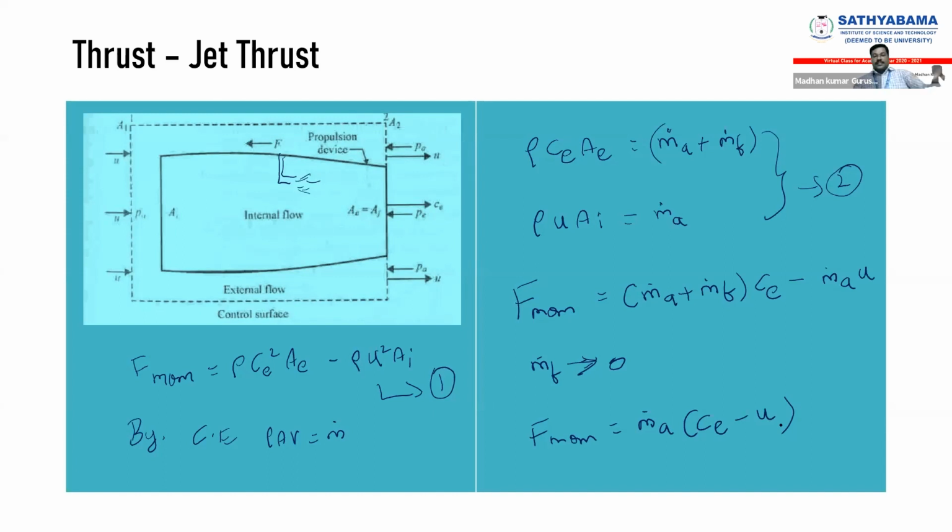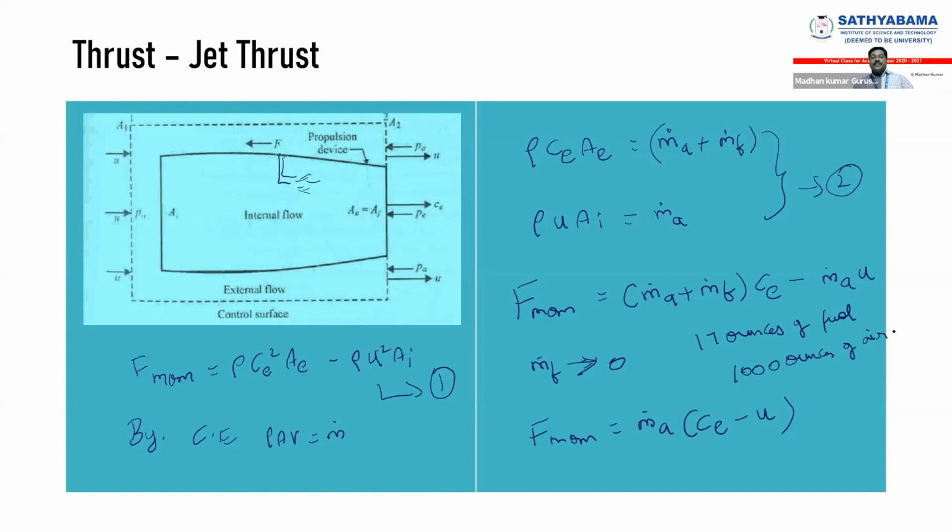So 17 ounces of fuel is required for 1000 ounces of air to be squeezed, and that air is giving some thrust.